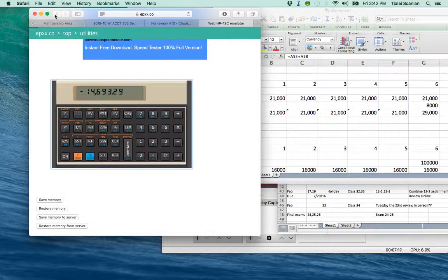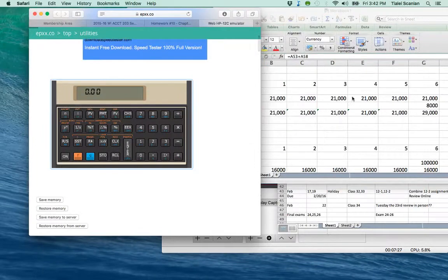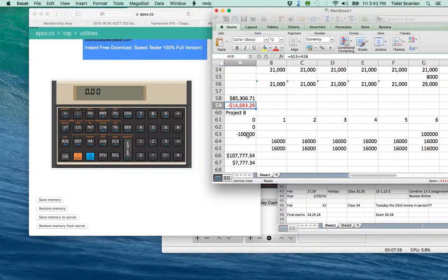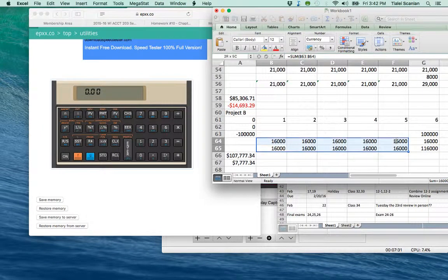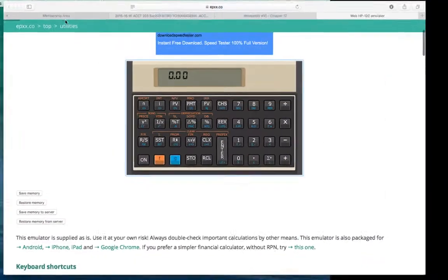So either way you want to do it, you can do it either way. Now I'm going to clear this out and we'll do Project B. So our cash flows, sorry, let me look at my cash flows for Project B. It was negative 100,000, and then year 1 was 16,000 all the way until the last year, which was 116,000 in the last year.